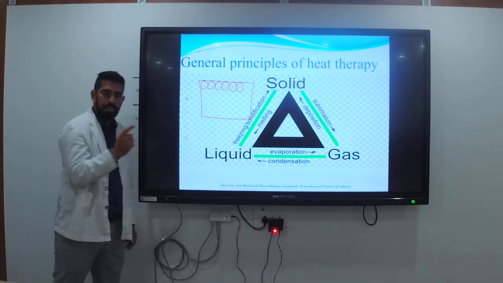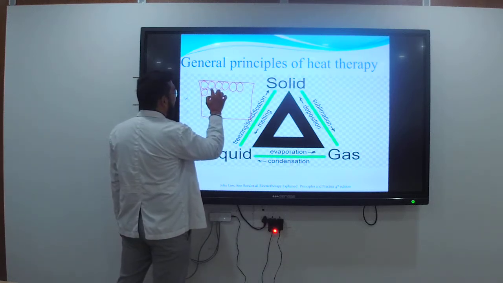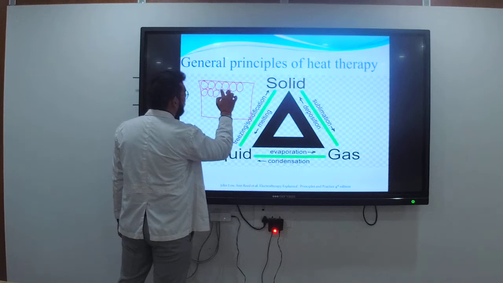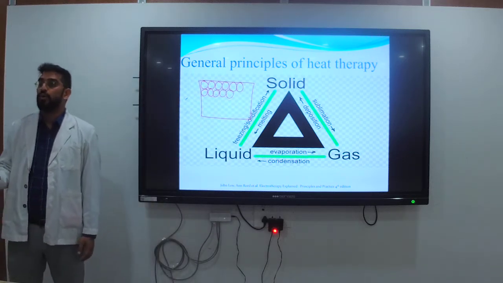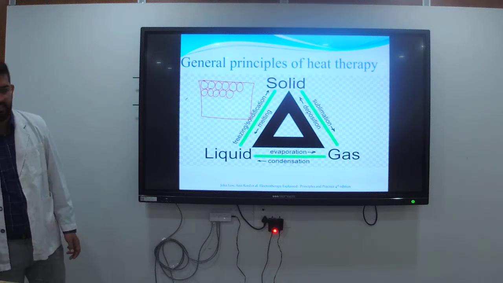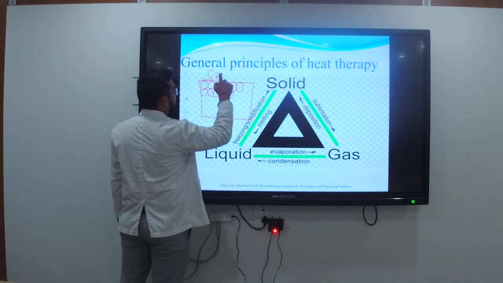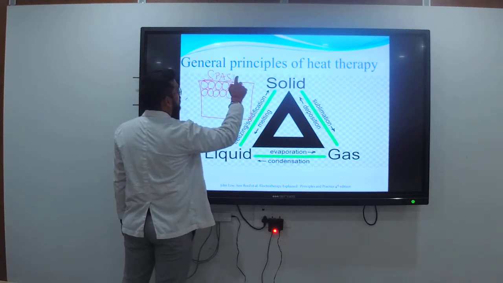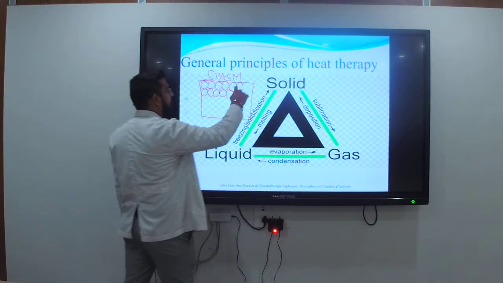So in muscles there are tissues which are closely attached to each other, and our muscle has undergone spasm.